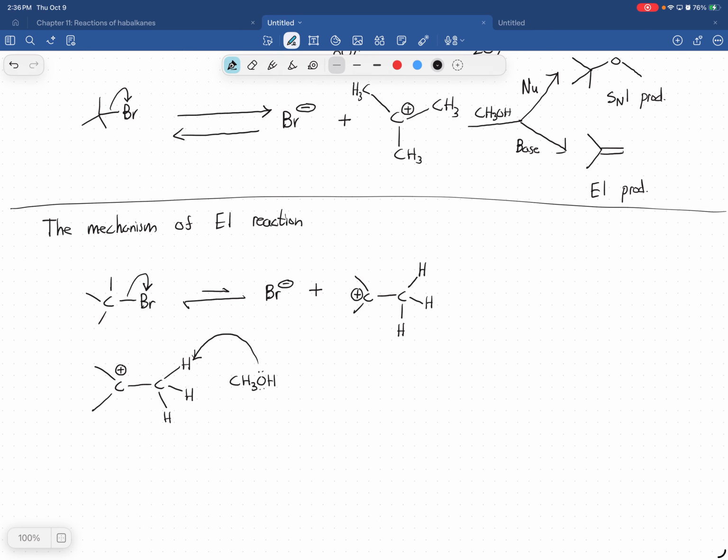So this now will go over here, forming a bond to the carbon to form an alkene. So now let's draw the alkene.